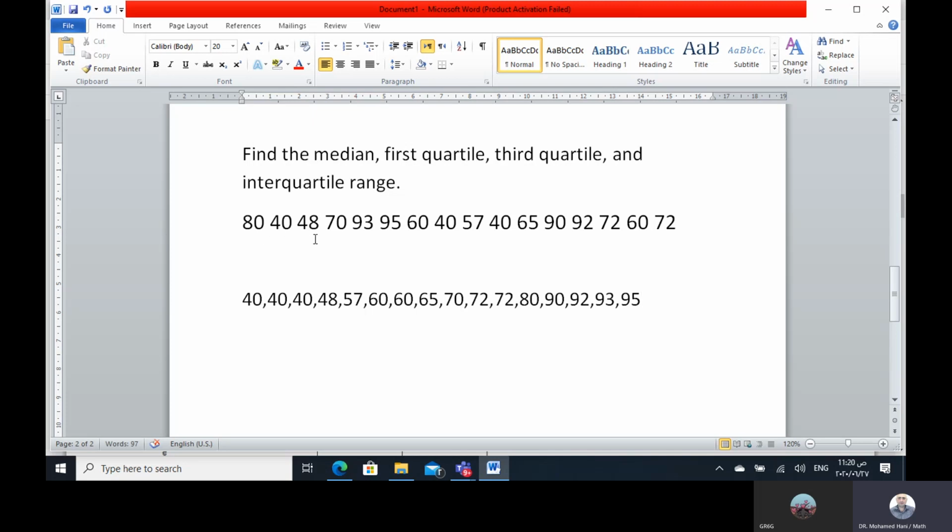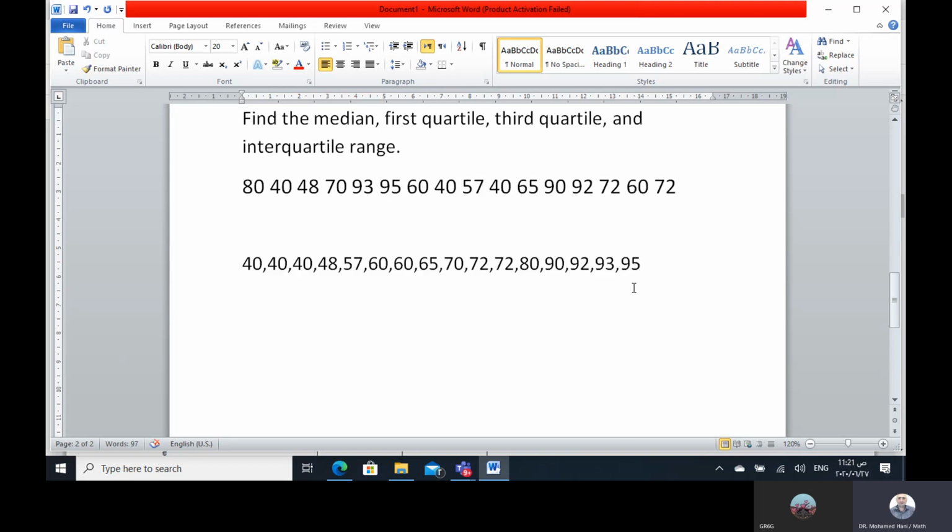Here we have 1, 2, 3, 4, 5, 6, 7, 8, 9, 10, 11, 12, 13, 14, 15, 16. Now, we want to find the median. 16 is even number.